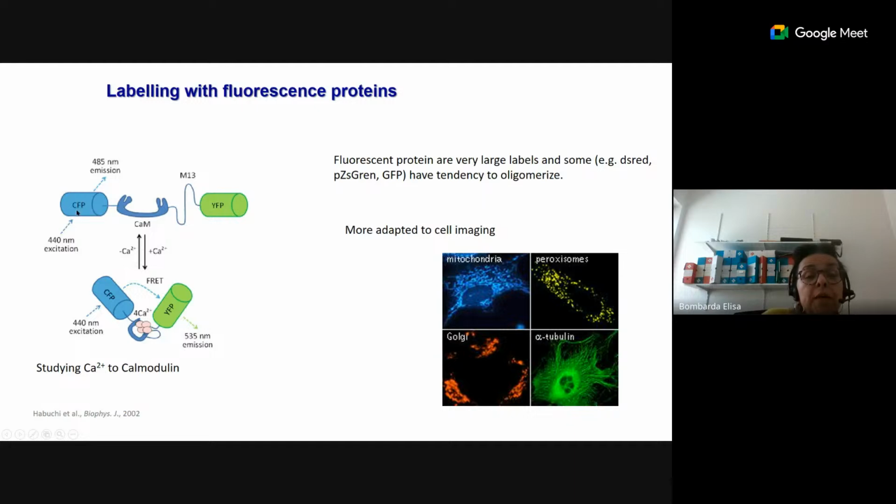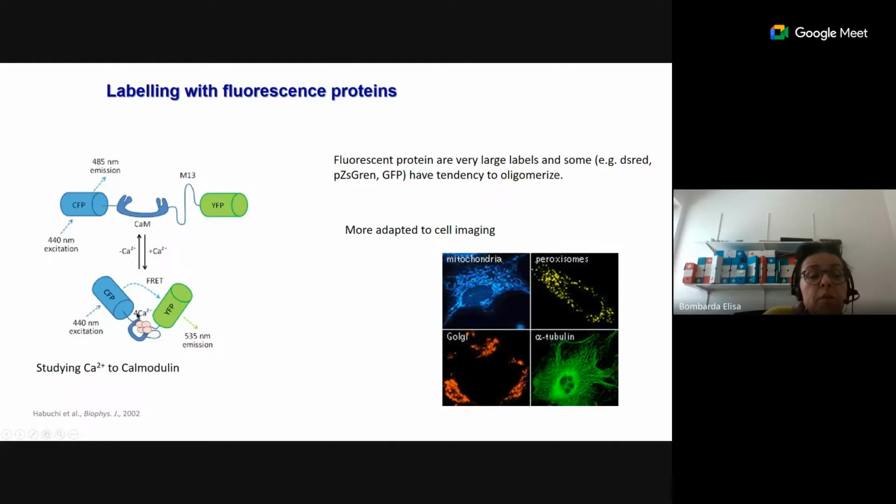And the spectral properties of these two proteins are such that CFP can be a donor for yellow FP in a FRET mechanism. Practically, without calcium, the protein is stretched, the fluorescent proteins are far apart, and there is no transfer.